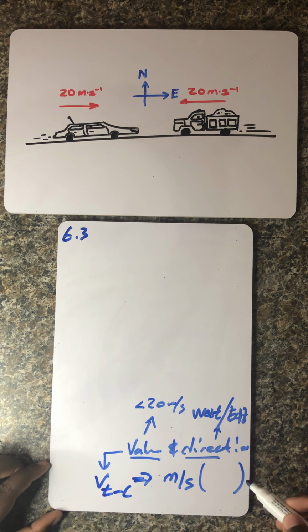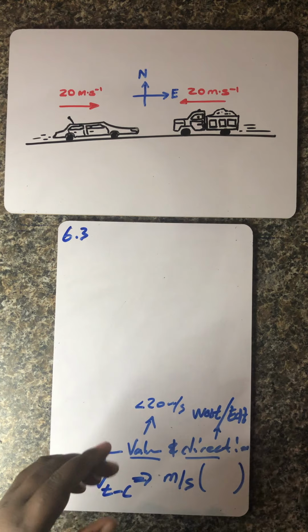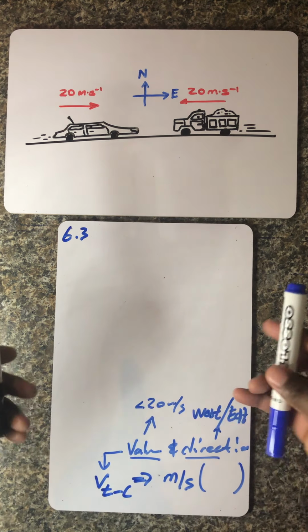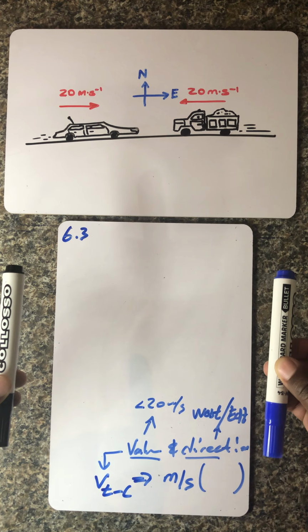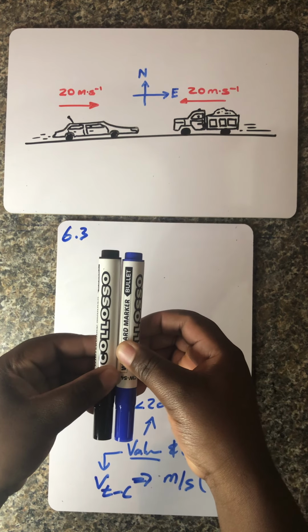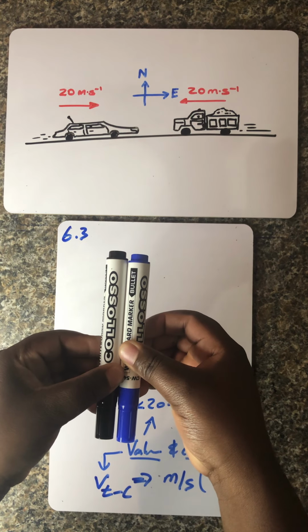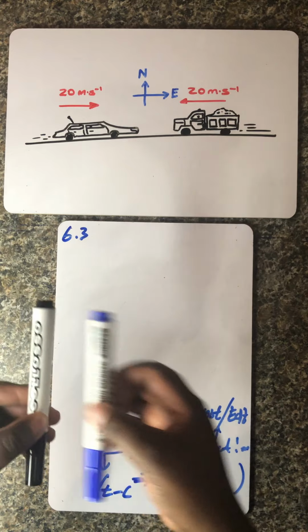Why is it supposed to be less than 20 meters per second? It's because these are 2 cars which are approaching each other at a velocity of 20 meters per second. As soon as they collide, there's no way their velocities can increase.